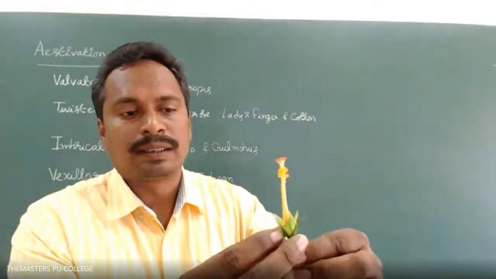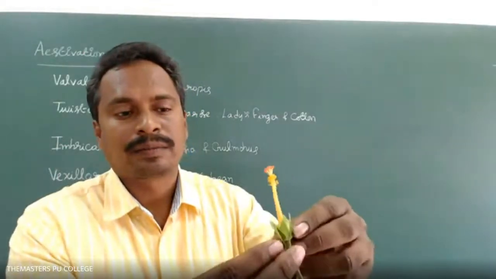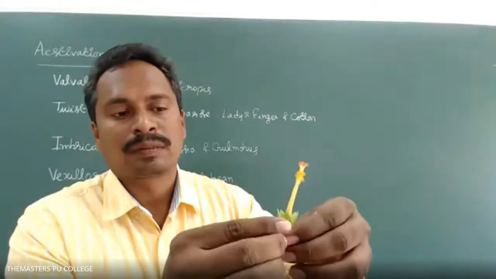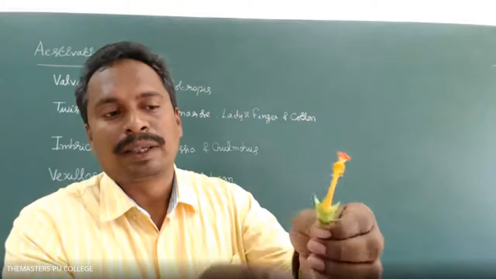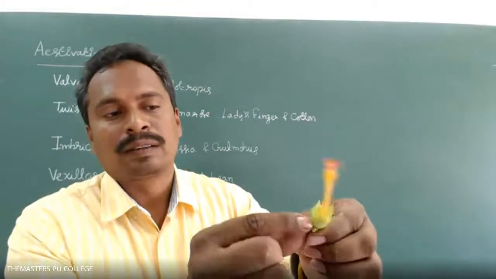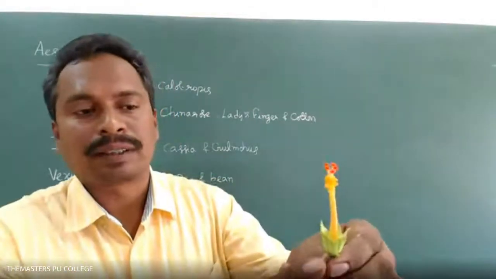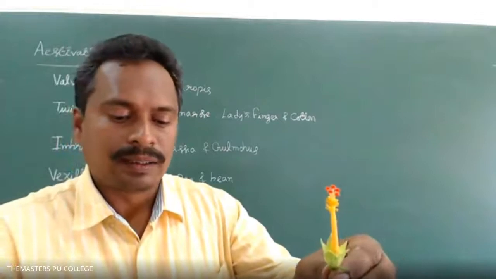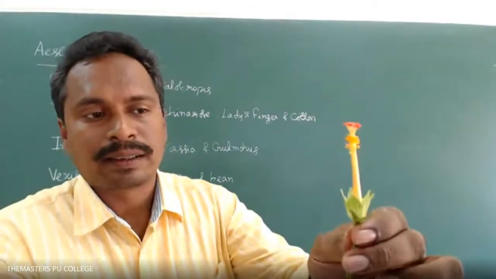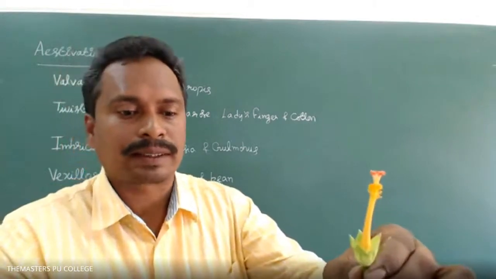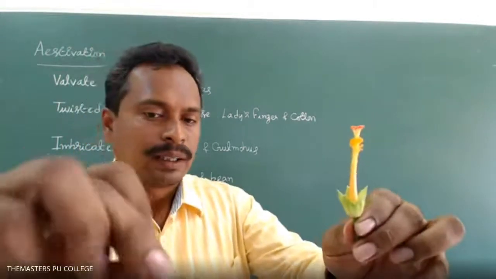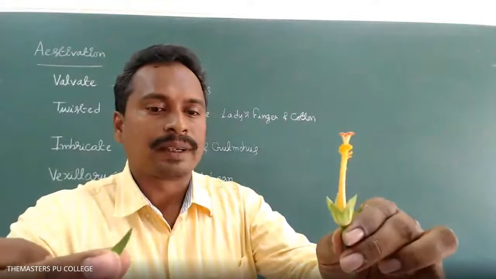This is its calyx. So these are the epicalyx in this flower. Generally, just below the calyx, small leaf-like structures are present. That's the epicalyx.